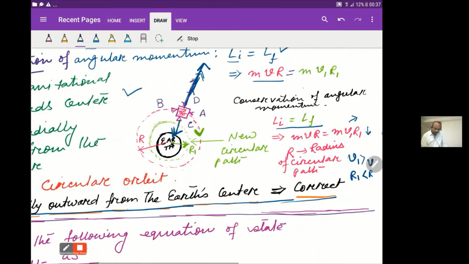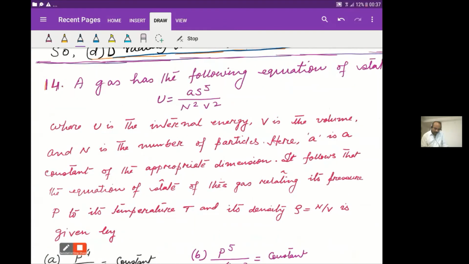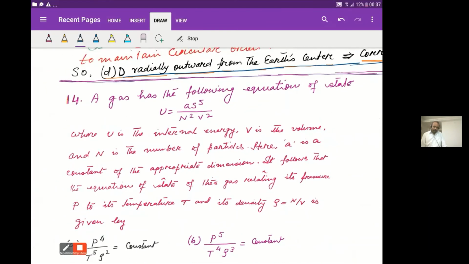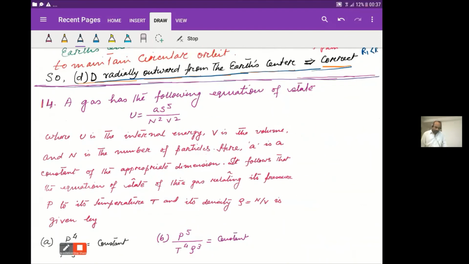Now problem 14. A gas has the equation of state U is equal to AS to the power 5 divided by N square V square, where U is the internal energy, V is the volume, and N is the number of particles. Here A is a constant of the appropriate dimension.